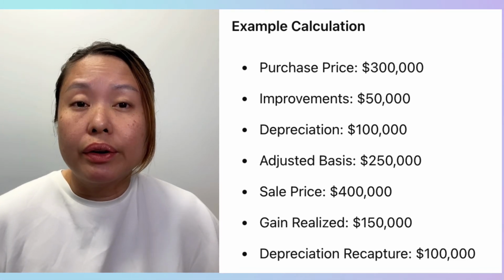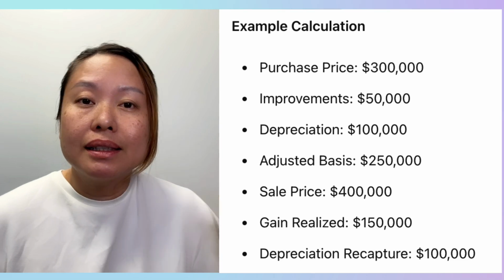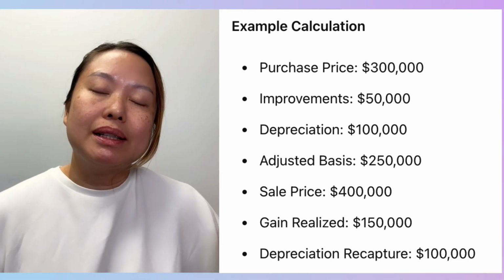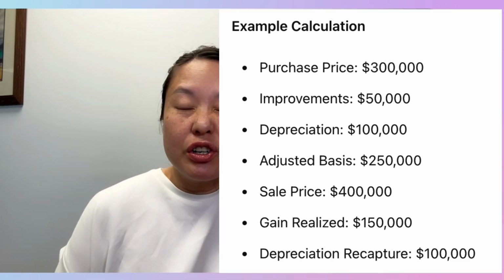So let's go by the ordinary income tax rate. But at least they give you a cap. It's capped at 25%. So it's not too crazy, right? Because especially if you're a high income owner, your ordinary income tax rate might be, say, 37%, right? That is way high. So at least 25% is better than 37%.